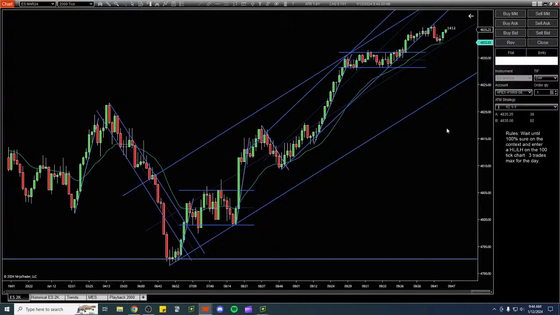Okay, so we have a short-term downtrend here. It gets a break, and it looks like we are just going to head to this break and new high.